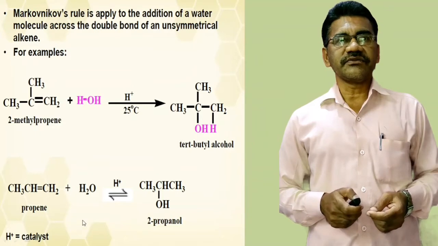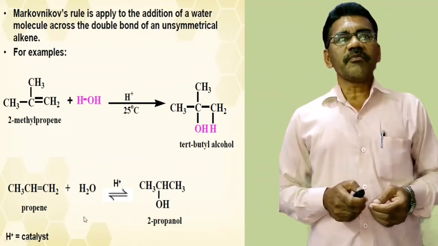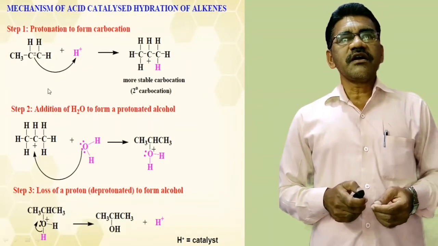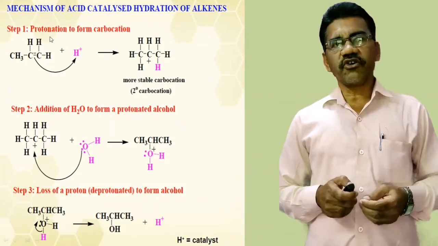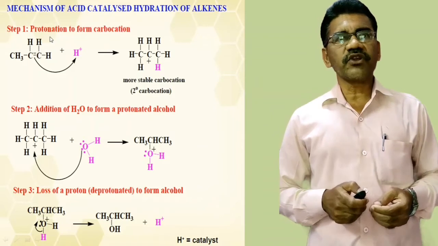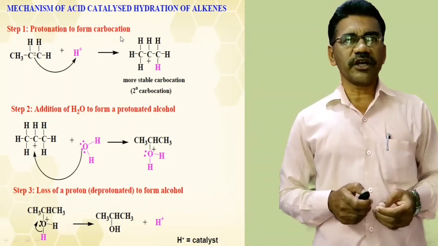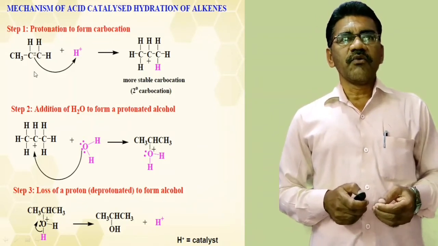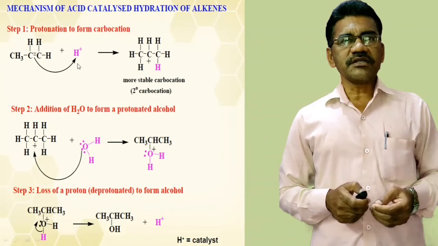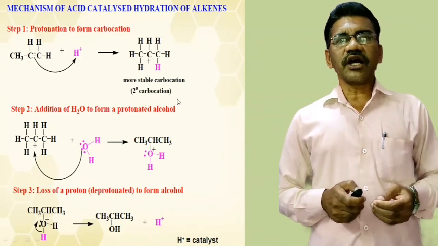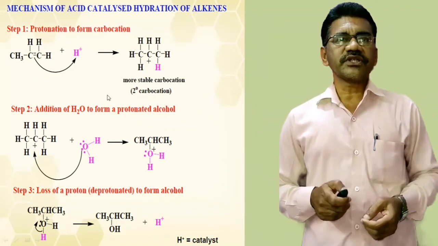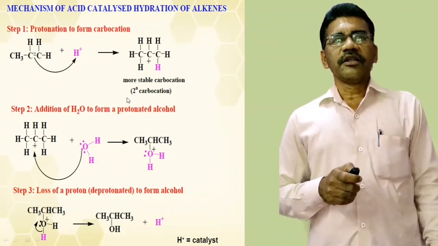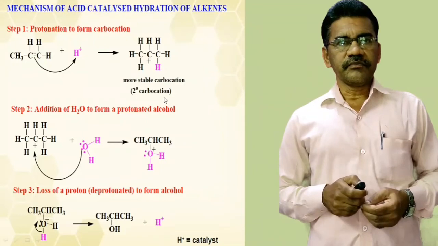H plus is used as a catalyst. The mechanism of acid catalyzed hydration of alkenes involves three important steps. First, the protonation to form the carbocation. Here, 1-propene reacts with H plus to produce the secondary carbocation, and the secondary carbocation is more stable than the primary carbocation.